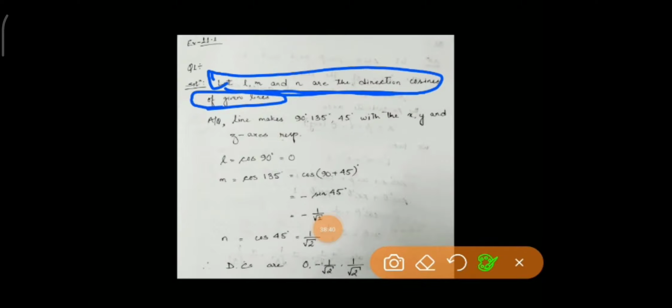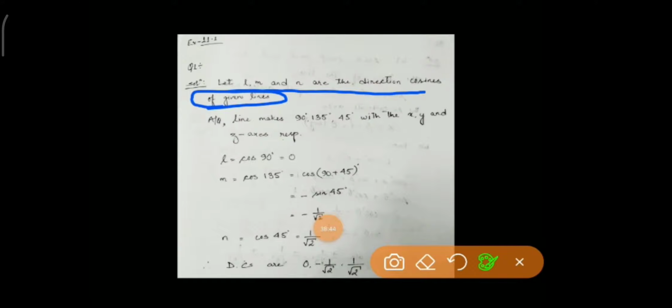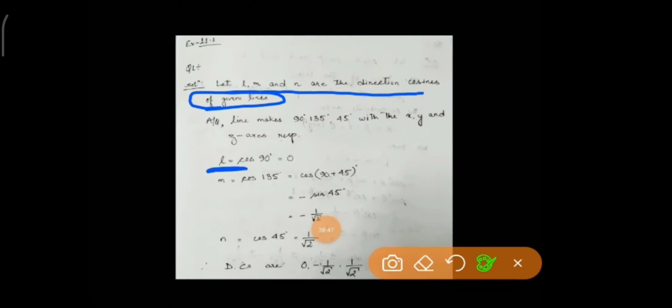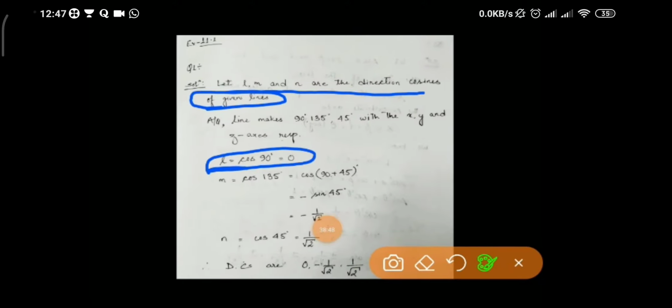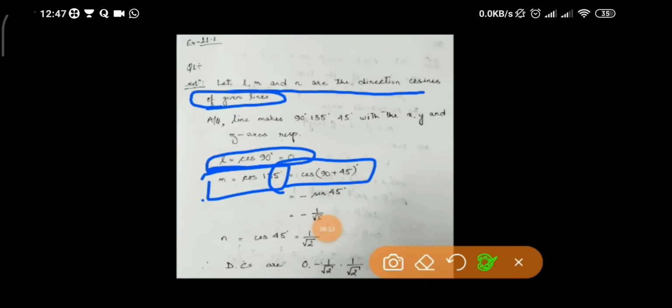So I need to find the direction cosines where the angle is given. It's very easy. You just need to find the cos of the angle. First, let l, m and n be the direction cosines of the line. You have to decide yourself how to start. Now l, the direction cosine, is cos 90, which is 0. m is cos 135, which lies in the second quadrant.